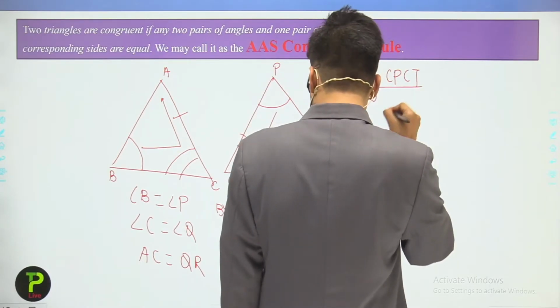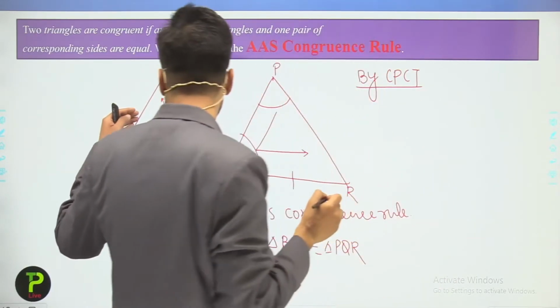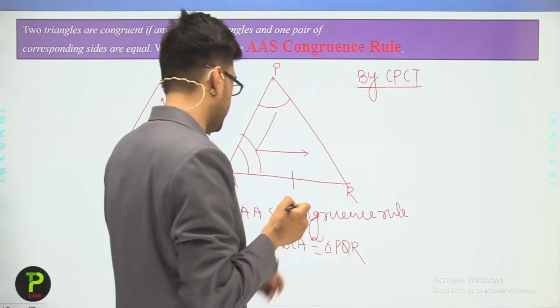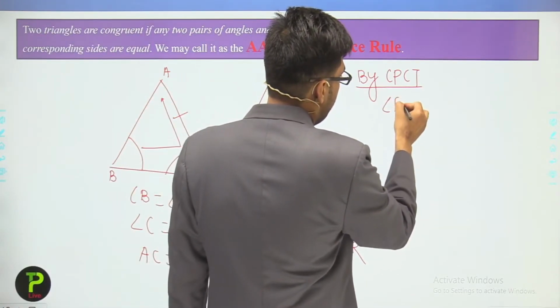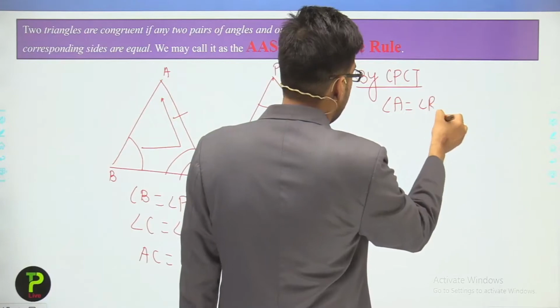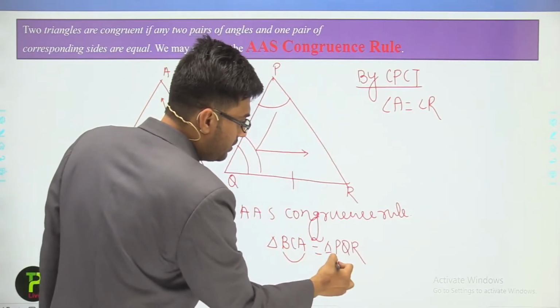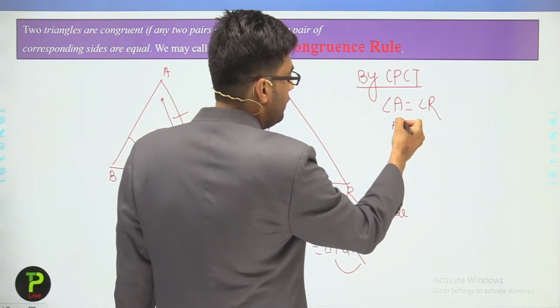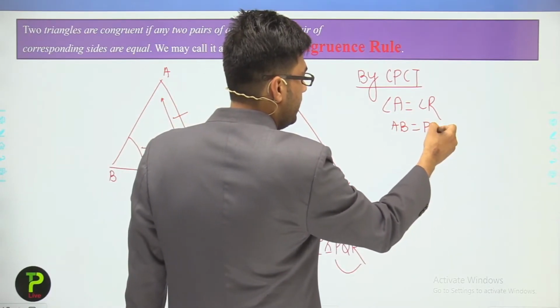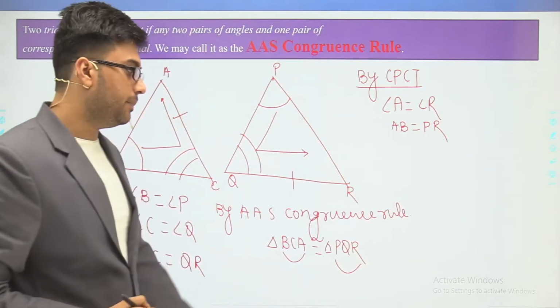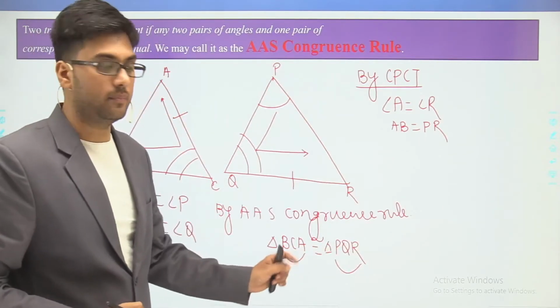Now by CPCT, we can say that the remaining parts, that is angle A is equal to angle R, and the other sides, students, AB is equal to PR. To write the corresponding parts, we have to observe this name.